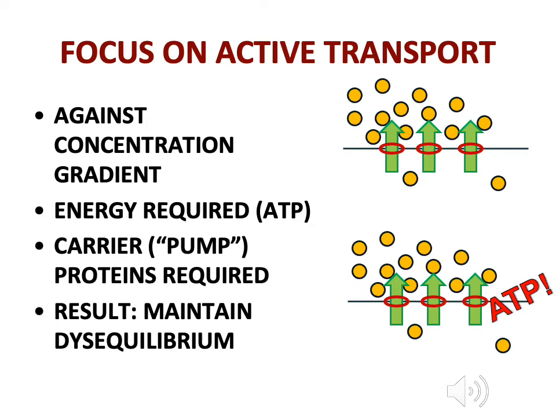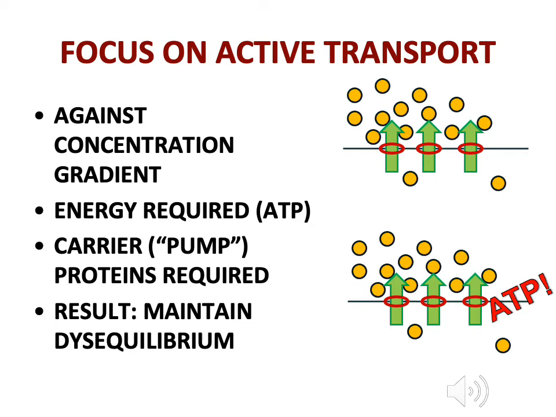A carrier or pump protein is going to be required, hence the little red ovals there. It's going to be a protein that will literally grab hold of the solute molecule and push it from the area of low concentration to the area of high concentration, and the result is going to be to maintain a concentration difference. That is a disequilibrium.